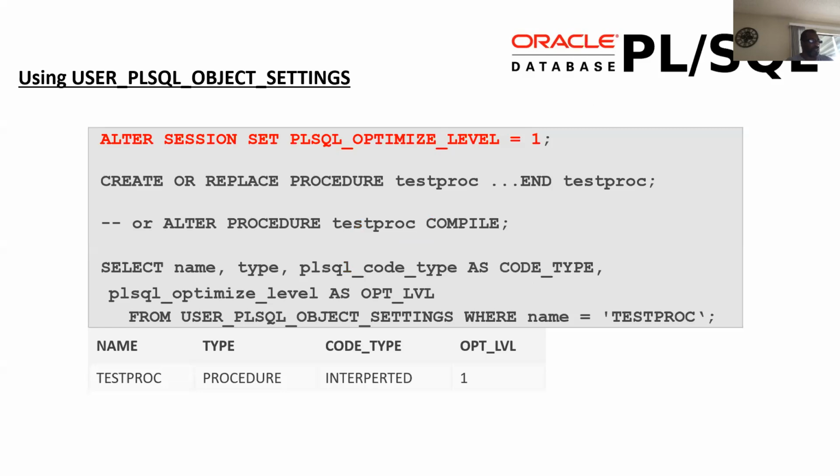Here's another example of querying that table to pull out information about a subprogram. Any questions about the user PL SQL object settings table? You should all take a look at that. Do a select star. There's quite a bit of information in that table about your code, your procedures.